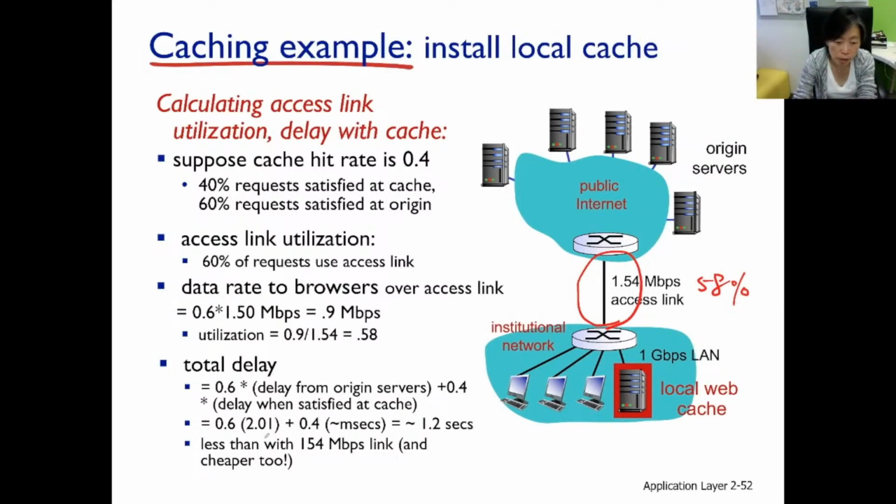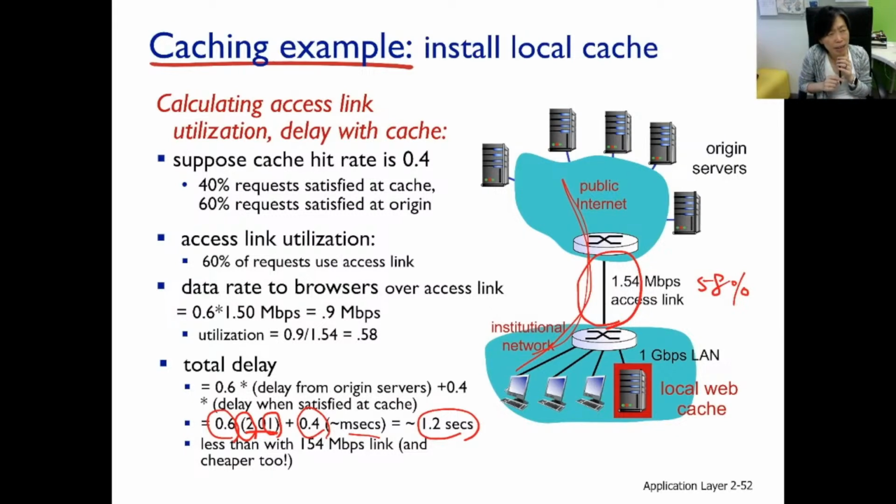I'm trying to be a bit generous here and use only 10 milliseconds. So the total delay here is about 2.01 seconds, 60% of that plus 40% of milliseconds. The dominating component is the 2 seconds. So you see here, the overall total delay on average is going to be about 1.2 something seconds.